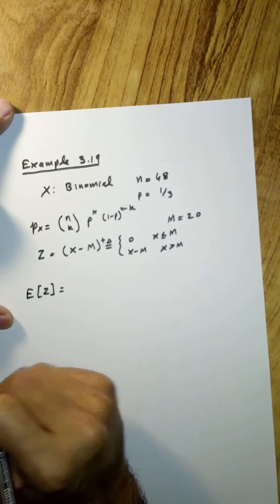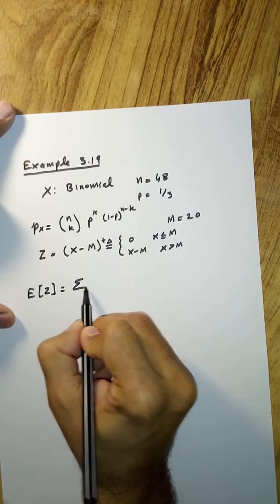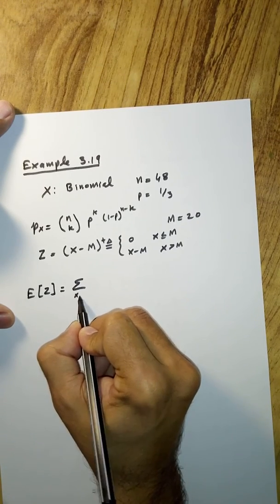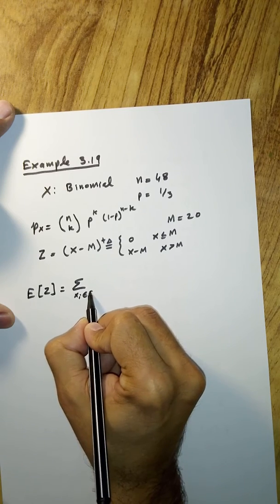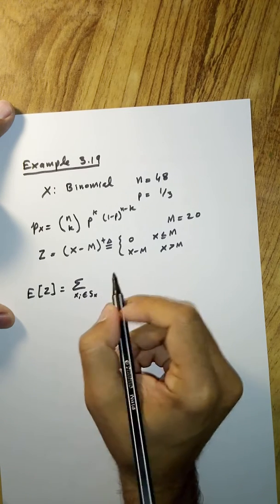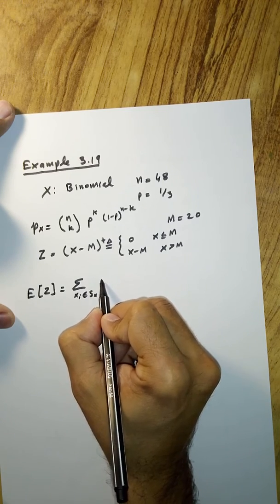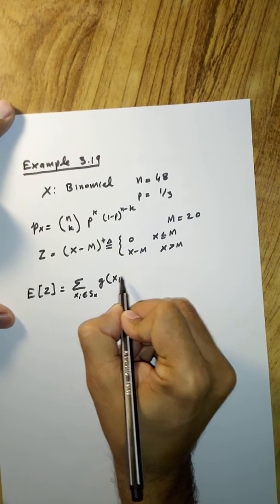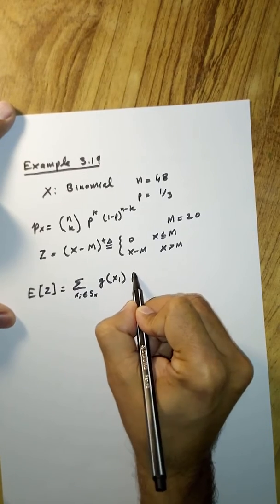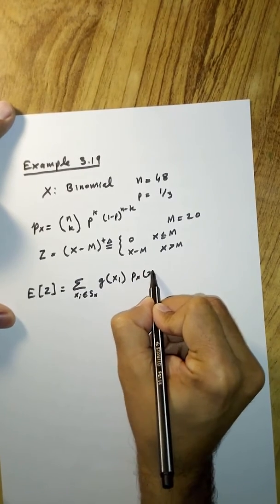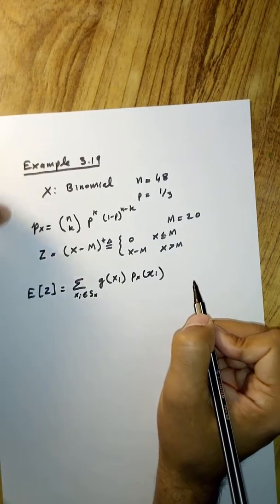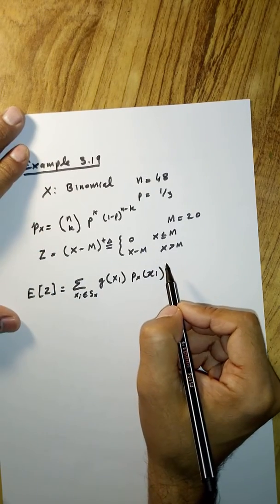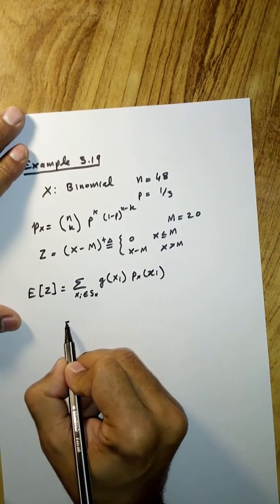Again the same formula: the summation over all values of xi belonging to the sample space of x, of the function of x that gives us z, times the PMF of x. The PMF is given, the function is given. It should be straightforward. Let's do it.